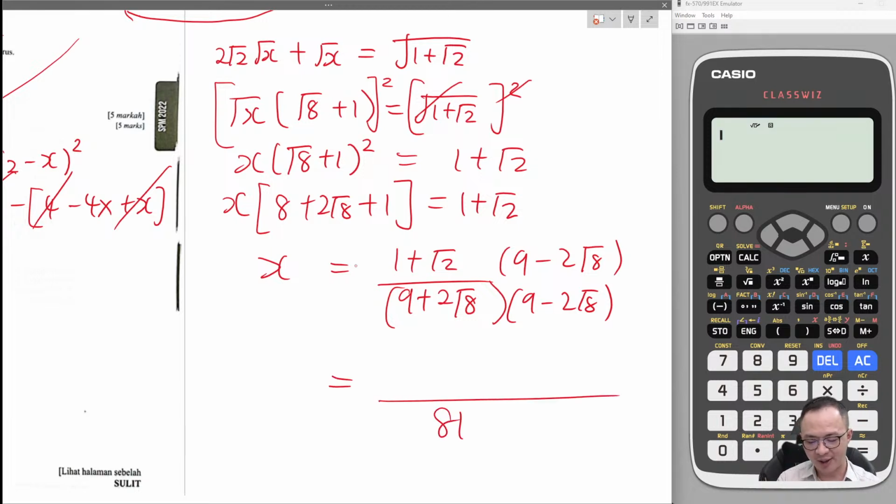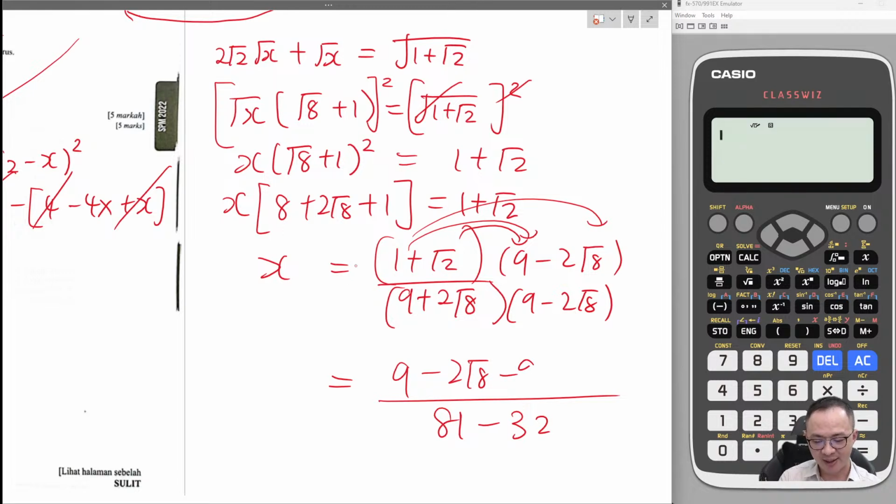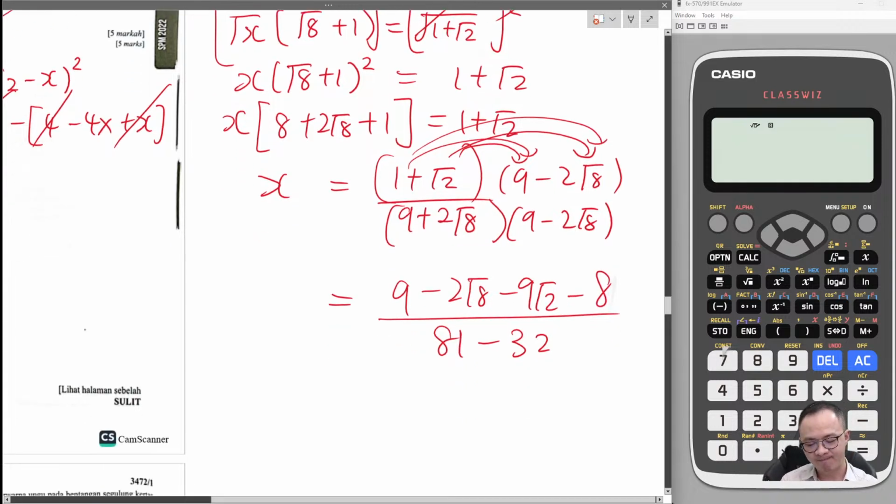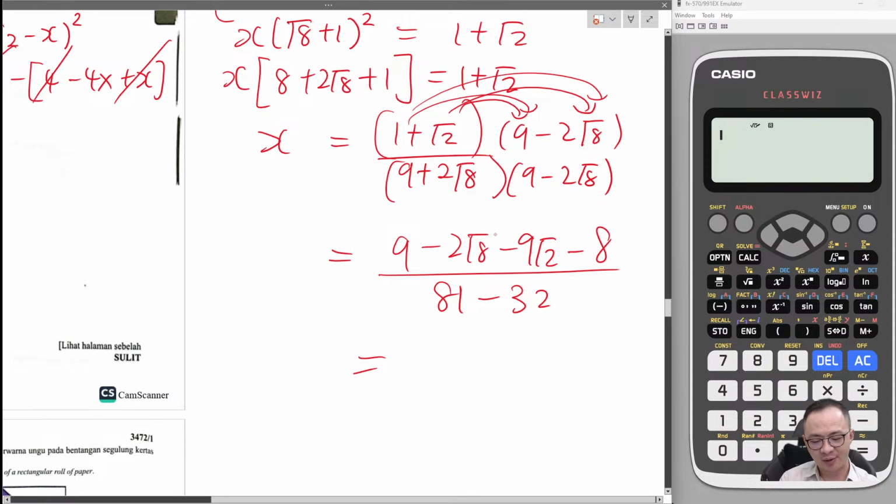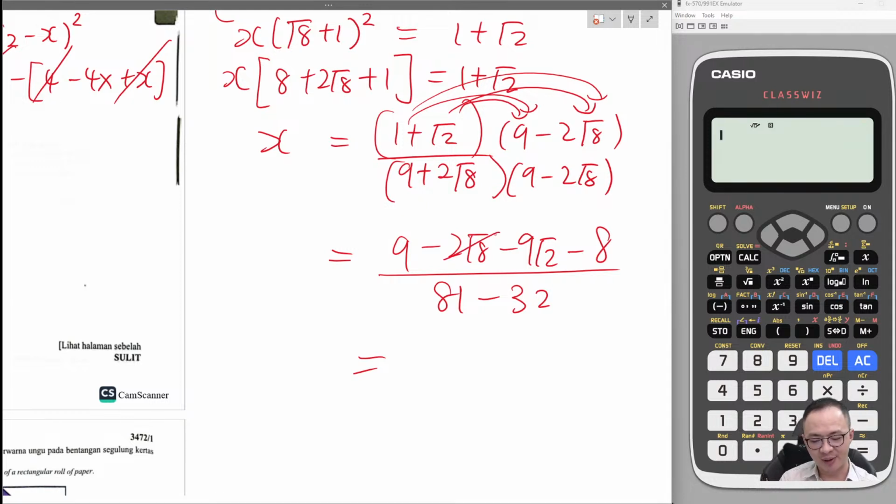So this one will give me 81 minus 4 times 8, 32. Top, 1 multiply 9 is 9. I mean, this one multiply this one is 9. This one multiply this one 2 root 8. Minus 9 root 2. This one is minus 2 root 16 is 8 lah. Okay, 2 root 8, I think this one can become 4 root 2, isn't it?